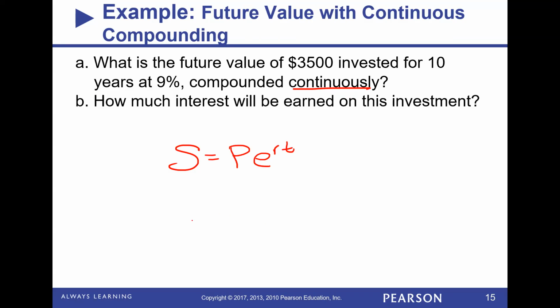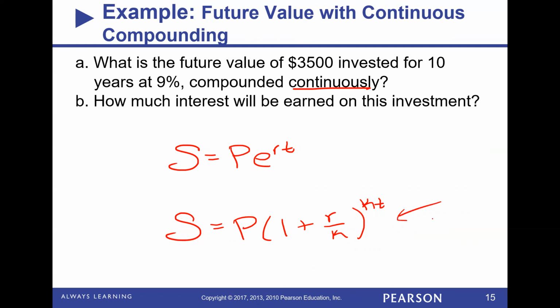Okay. Remember the other formula is this one here. This again is if it's some type of countable number. I can't count continuously. I mean, you can continue to count, but you're going to run out of breath really quick. So for this one here, this is when it says the word annually, daily, monthly, quarterly, semi-annually.